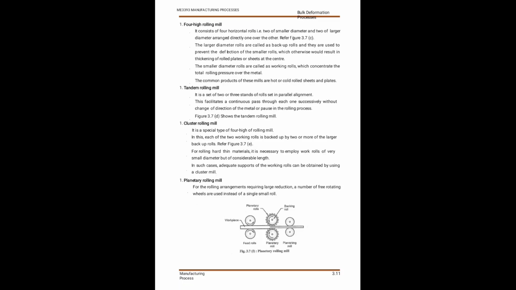And next one, four high rolling mill. It consists of four horizontal rollers, two of smaller diameter and two of larger diameter, arranged directly one over the other.